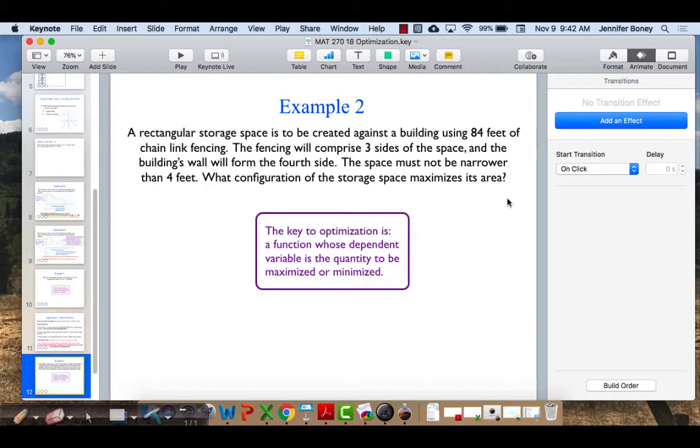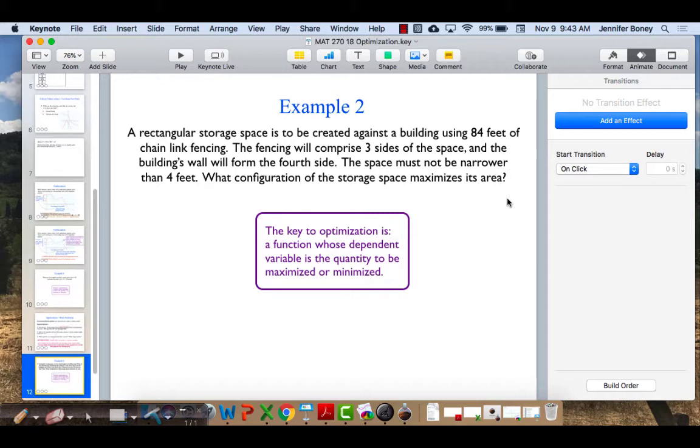General algebra doesn't really help us so much. If I want to know how do I make this quantity equal 14, that's when algebra comes in handy. If I want to know how do I make this quantity as large as possible, this is when we get to use calculus skills. I mean, obviously you can use graphing calculators, etc., to figure these things out, or at least maybe get an idea.